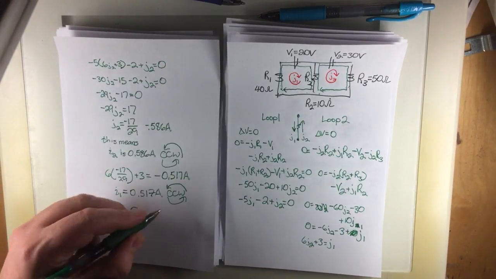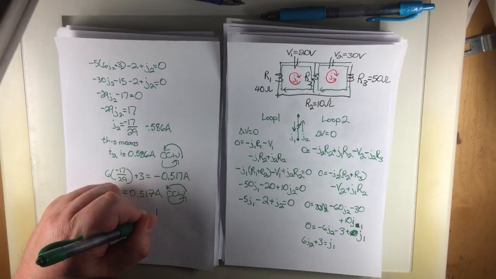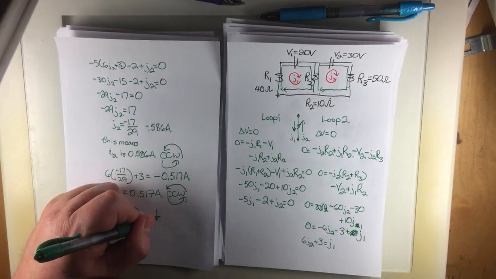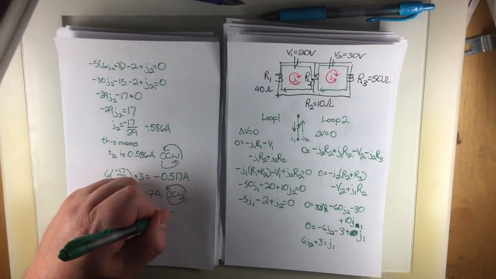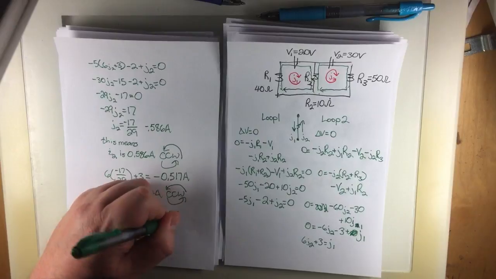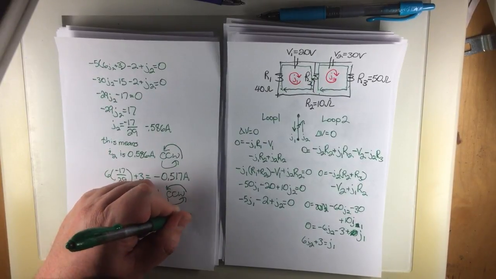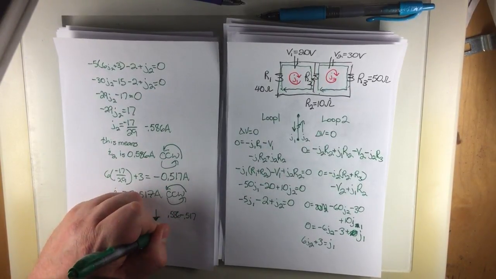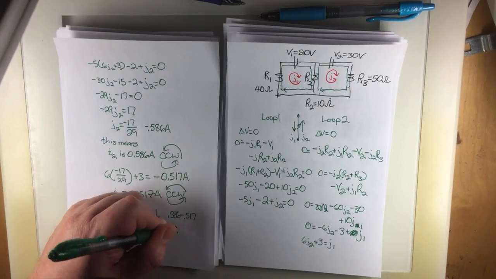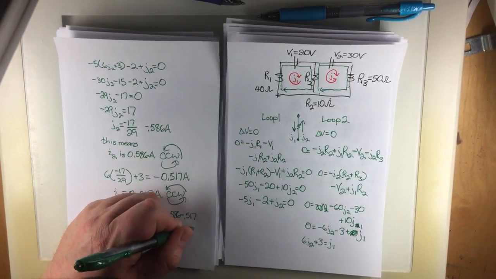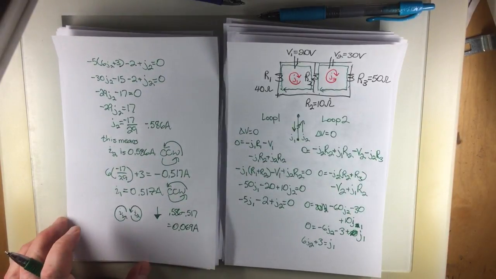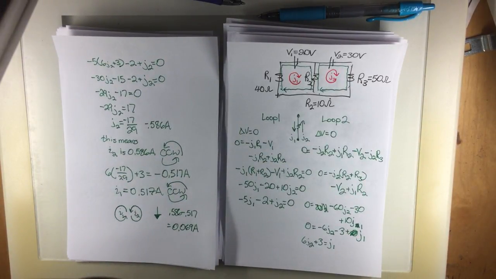If I2 is bigger, then the current going through R3 is from top to bottom, or downward. The magnitude is 0.586 minus 0.517, and that is 0.069 amps. So the answer is 69 milliamps from top to bottom.